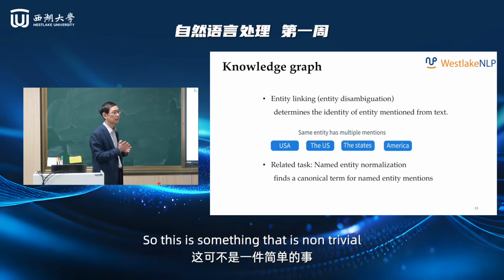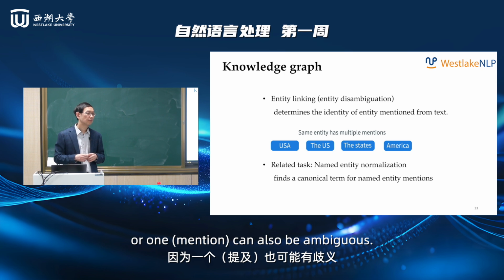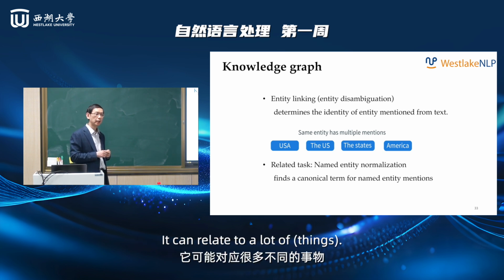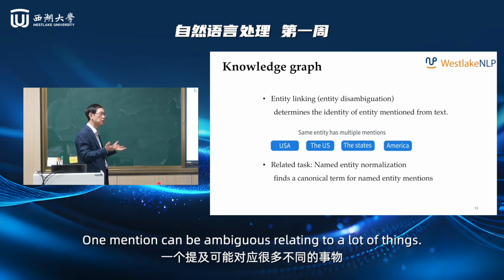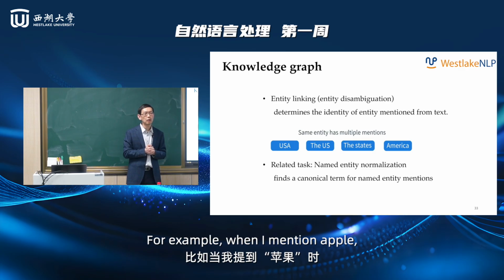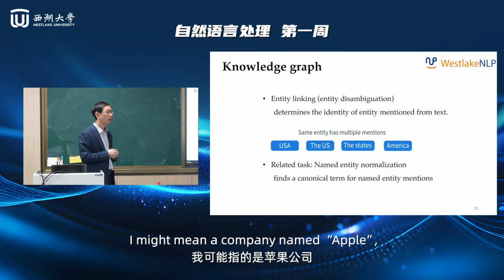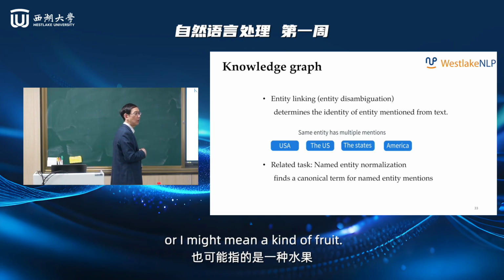Okay, so this is something that is non-trivial. Or one mention can also be ambiguous, relating to a lot of things. For example, when I mention Apple, okay, I might mean a company named Apple, or I might mean a kind of fruit, okay?